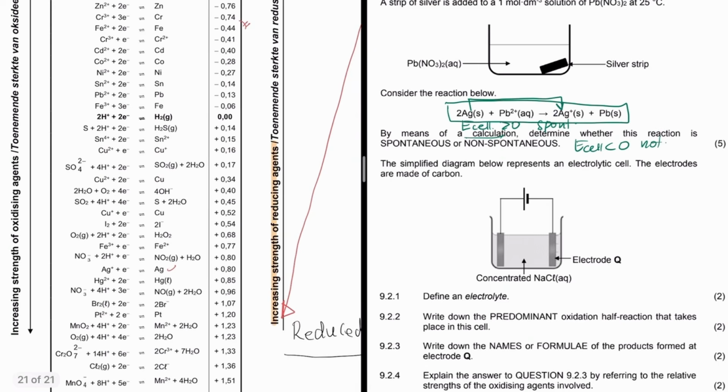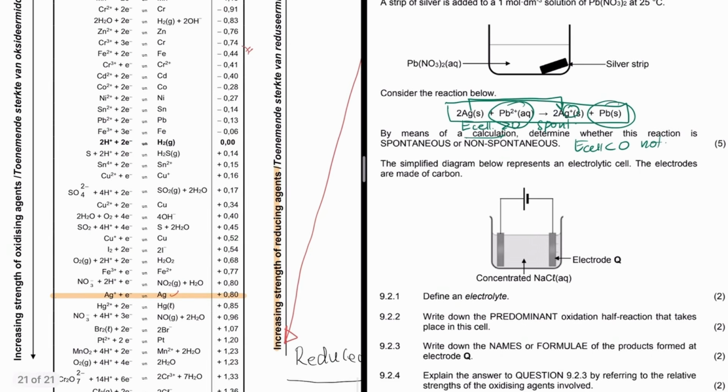Oh, sorry, Ag going to Ag plus. So there's the reaction we found. So that one. And then Pb2 plus going to Pb. So we need to find that one. Pb2 plus going to Pb.